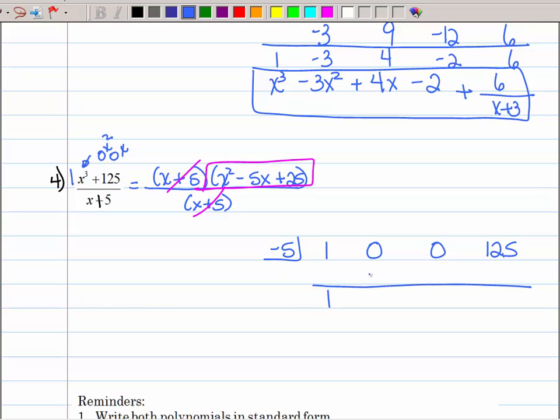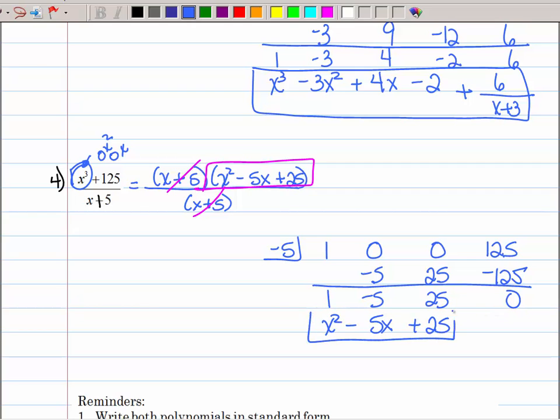Bring down that 1. Multiply. Multiply. Write your answer. Started out with x cubed, so that's 1x squared minus 5x plus 25 with no remainder. Notice, same answer, 2 different techniques.